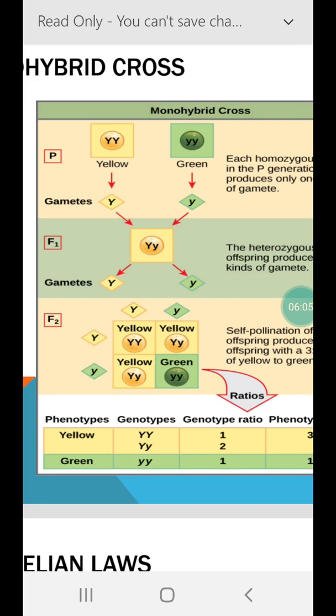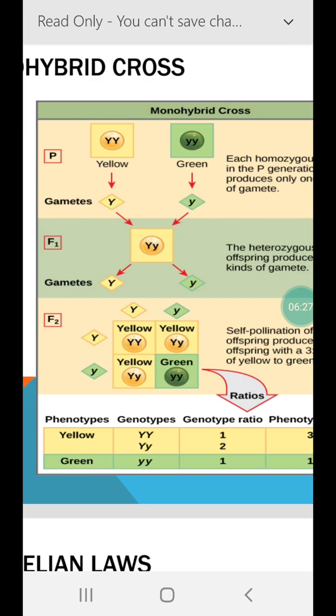The third step was selfing of the F1 hybrid to raise the F2 generation. He allowed natural self-pollination in each F1 hybrid, collected seeds separately and raised the F2 generation, that is the second filial generation.